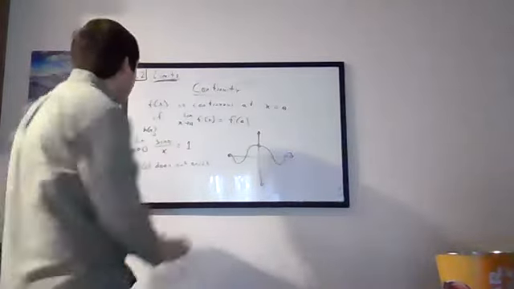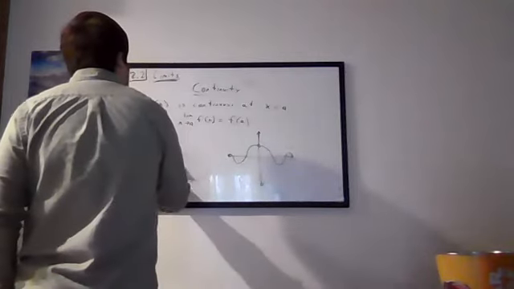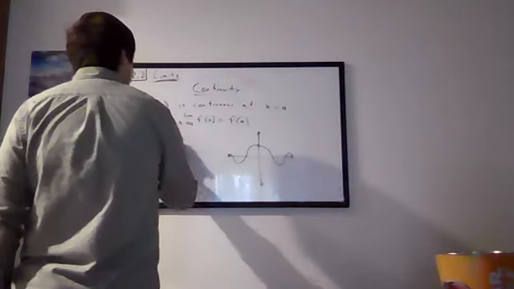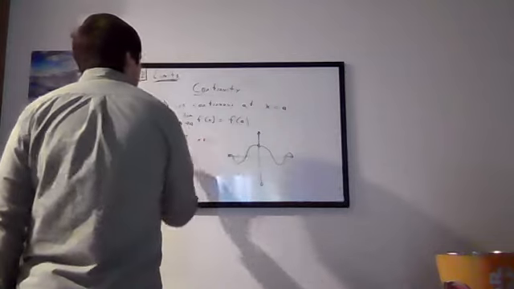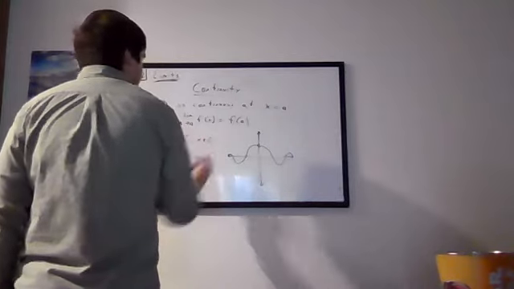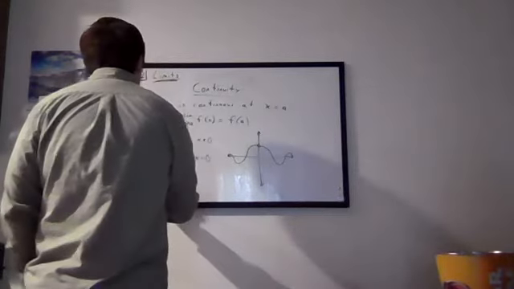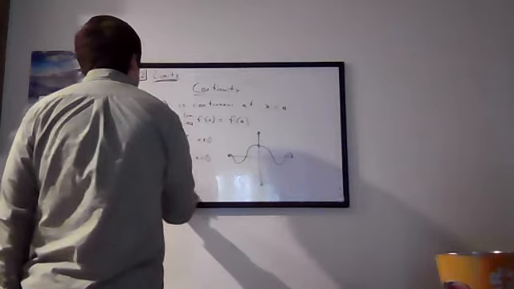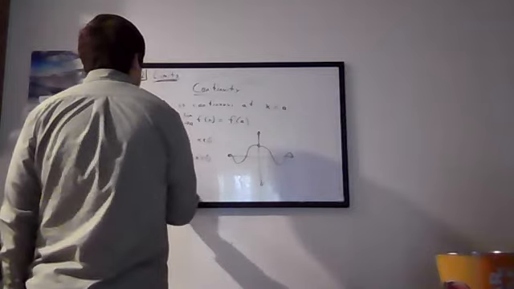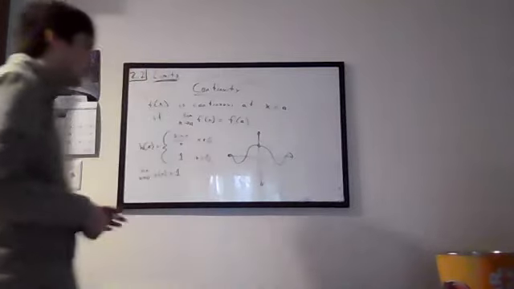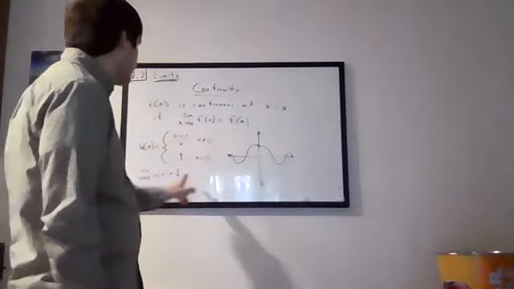Let's redefine h of x. I'm going to say h of x is equal to sine of x over x when x is not equal to 0, and 1 when x is equal to 0. Now, what does that do for us? The limit of h of x as x approaches 0 is still equal to 1, because we're not at 0, we're approaching 0, and on either side we're approaching 1.